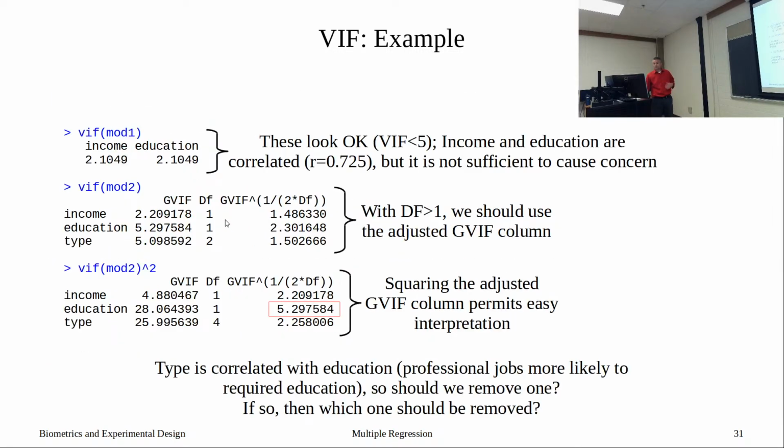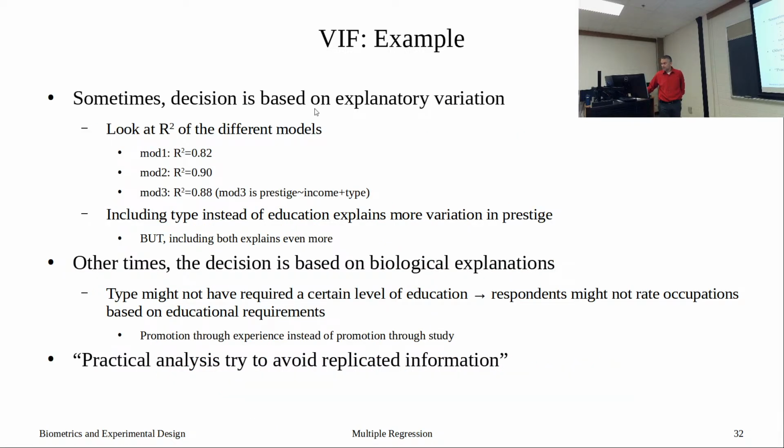So perhaps our best approach then is to just go ahead and drop type from our analysis. When we do that, it gets back to a suitable type of comparison. So that's one way to do it. Another way we can look at our analysis is to look at those R-square values. And I didn't make model 3.